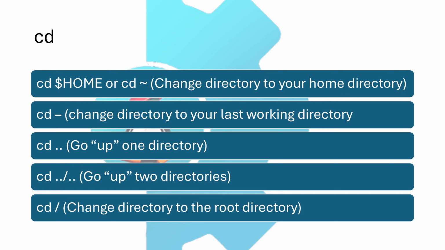So if you are in /etc/http/config and you do cd .., you'll go up to /etc/http. You can also do cd ../.., which is just like the previous command, but this time it will go up two directories, and you can do multiple redirections.